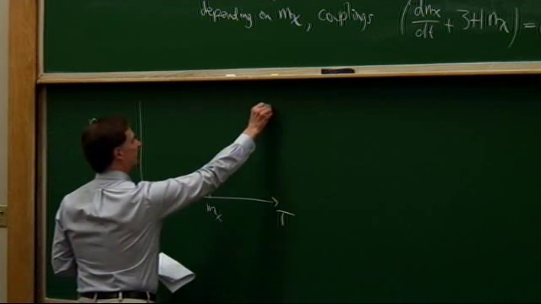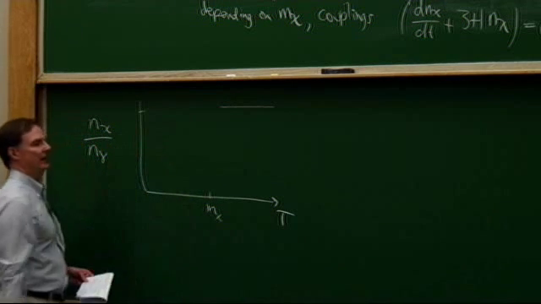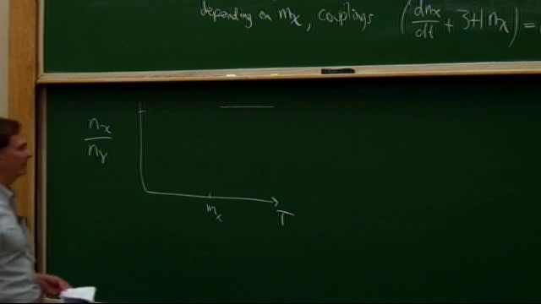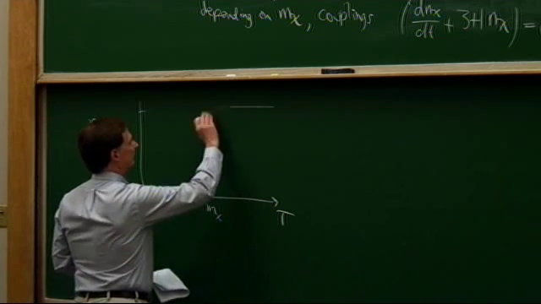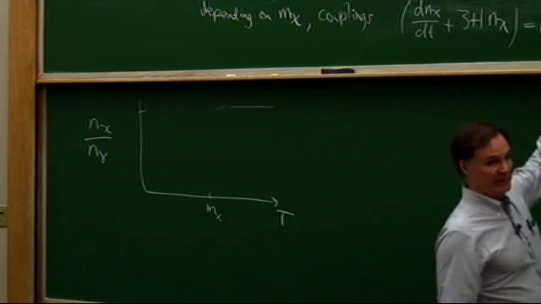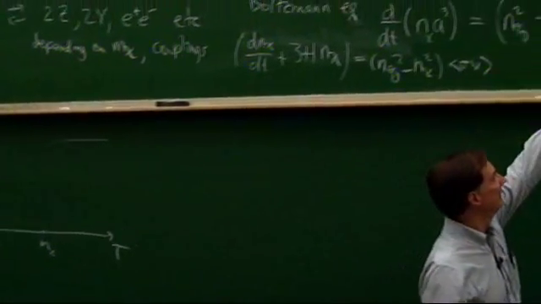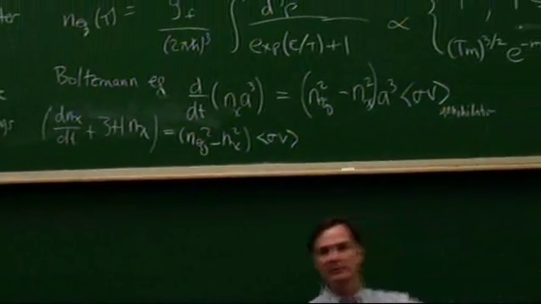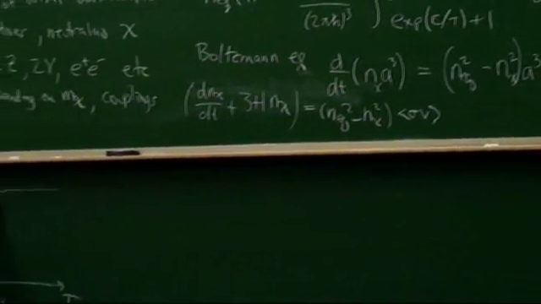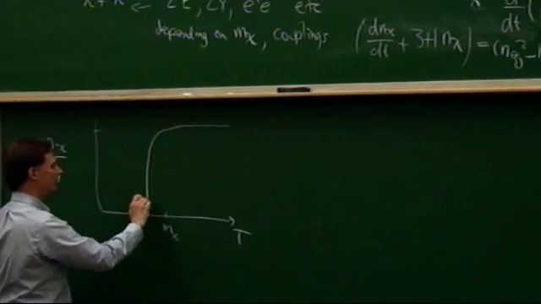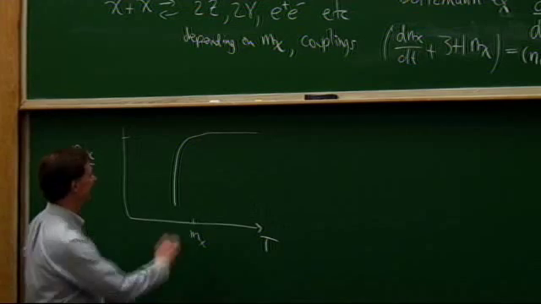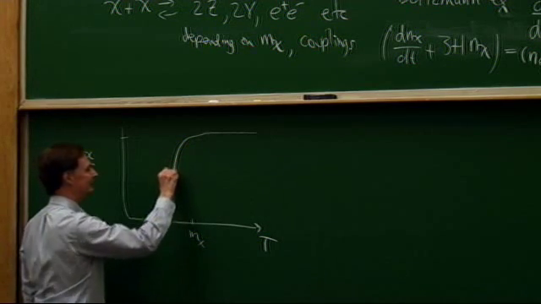At high temperatures, there's some constant which depends on the ratio of spin degeneracies of the particles and so on. But then at low temperatures, when I'm in chemical equilibrium, I get suppressed by this Boltzmann factor, which really falls off very, very steeply. Maybe not quite this steeply, but pretty steeply.